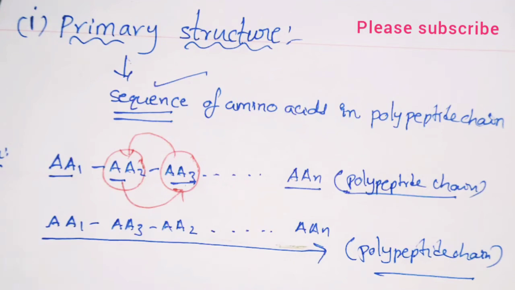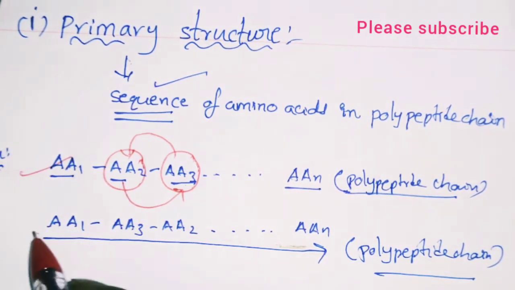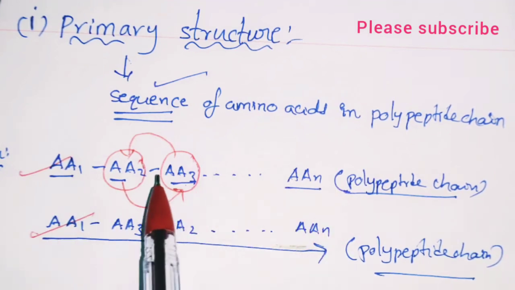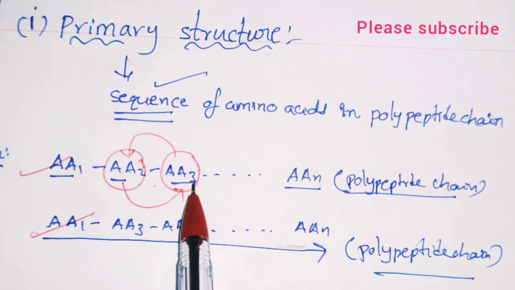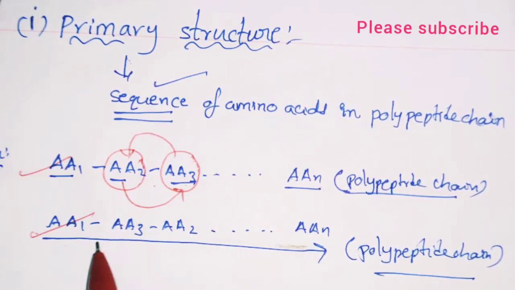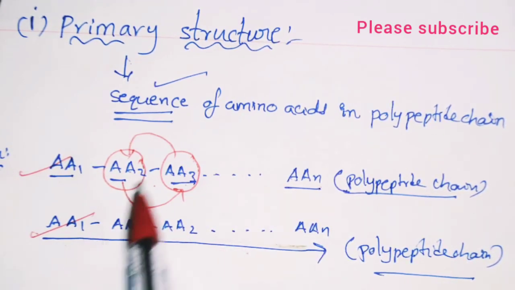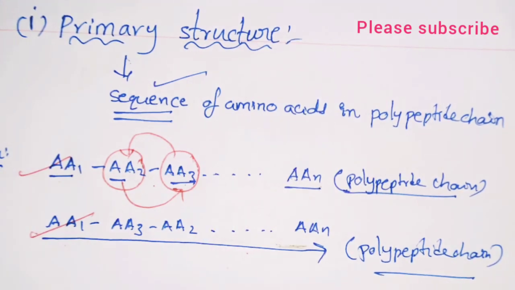Because the position of the amino acids changed. So because of that, both are different proteins. The polypeptide chains are called proteins. In this polypeptide chain, it is one sequence. In the other polypeptide chain, another sequence is there. So a different sequence means they are necessarily different proteins.